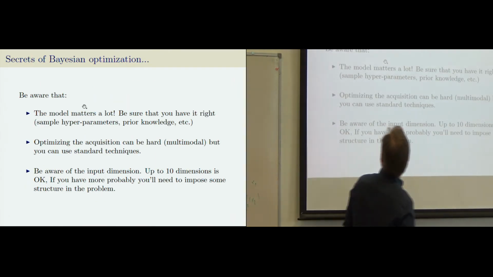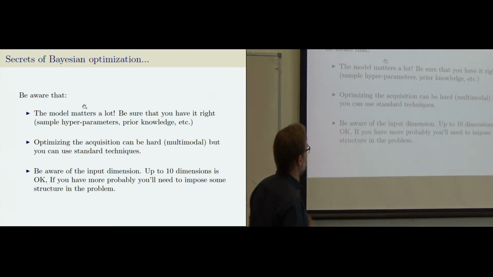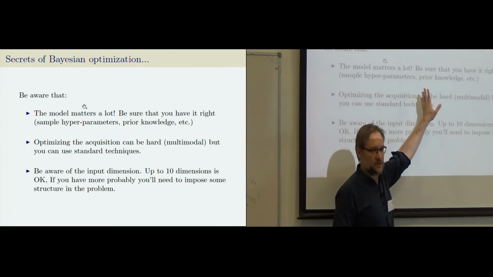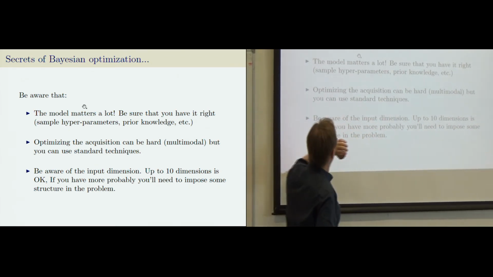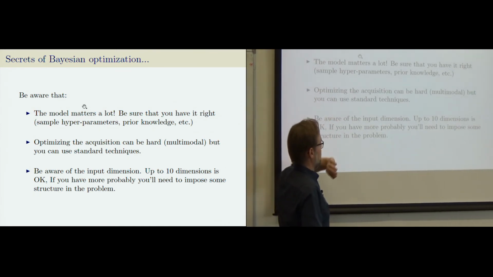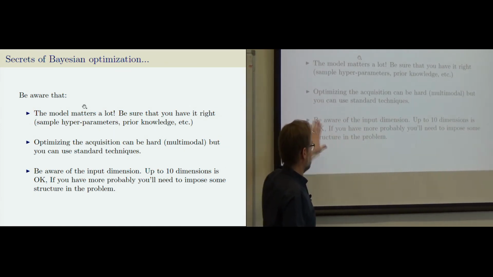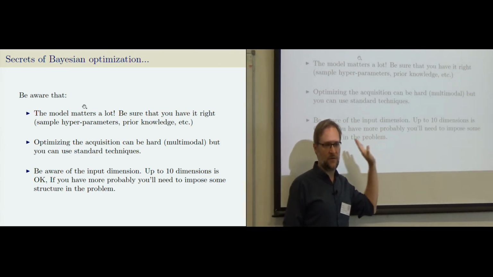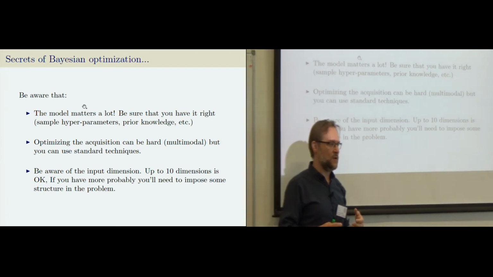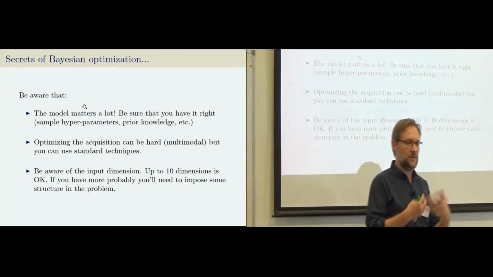Okay. So secrets of Bayesian optimization. The model matters a lot. We discussed this already with the beer example. Optimizing the acquisition can be hard. We have also discussed this, and you need to be aware of the dimension. If you use standard methods, because of the properties of the GPs, if you go to high dimension, you need to incorporate more structure into the optimization process.